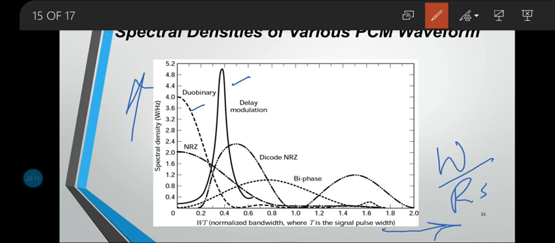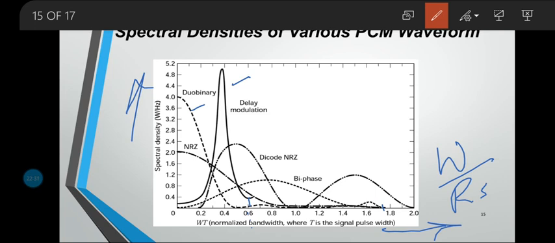What we are trying to specify here is that the bandwidth taken by delay modulation is 0.6, whereas the bandwidth taken up by duobinary, this dotted line, is about 1.6 plus 1.7.